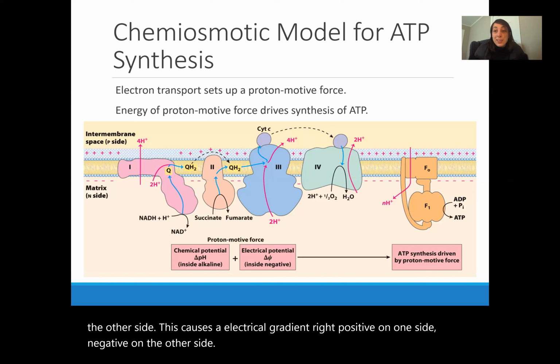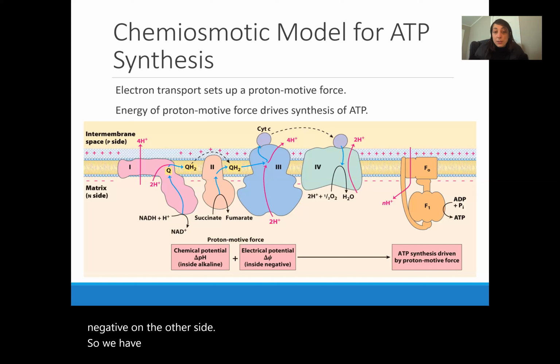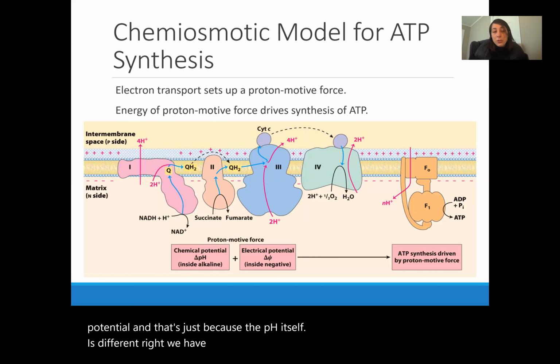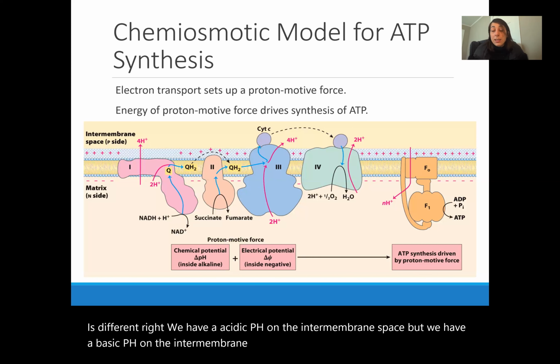So we have a dual gradient that is going on. We actually have a chemical potential, and that's just because the pH itself is different, right? We have an acidic pH on the intermembrane space, but we have a basic pH on the matrix side.